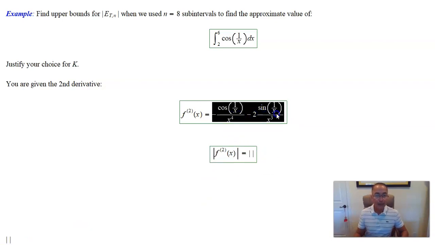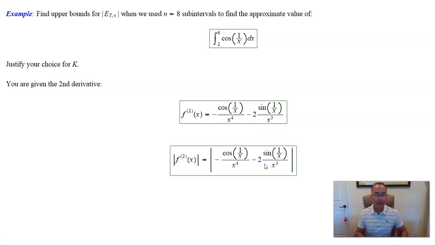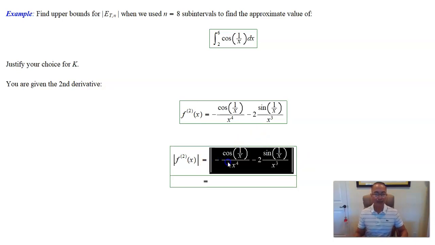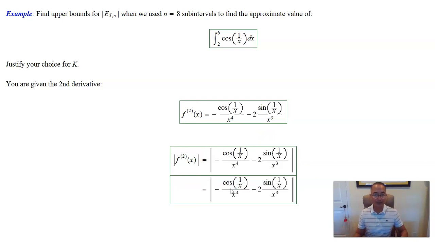Okay, so we're going to take this and put it in there. Okay, so, well, you know what? These are both negatives. So the absolute value of negative something is the same as the absolute value of the positive equivalent. So we can turn that into a plus and that minus into a plus.